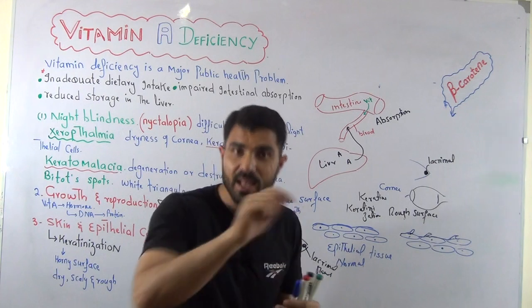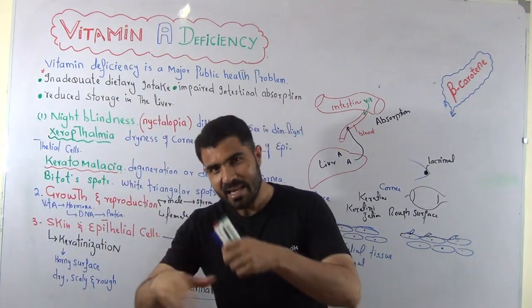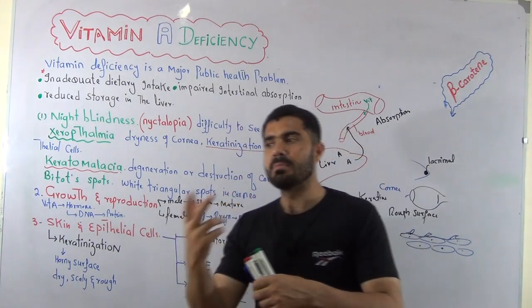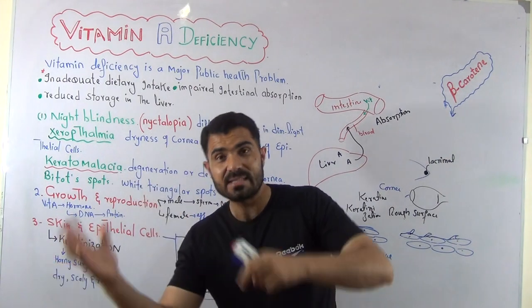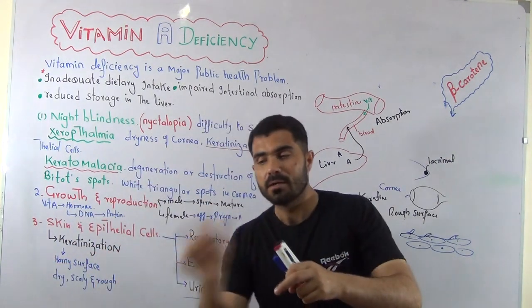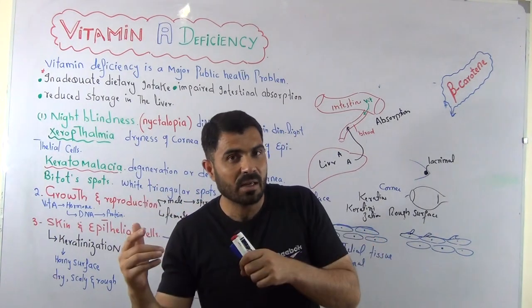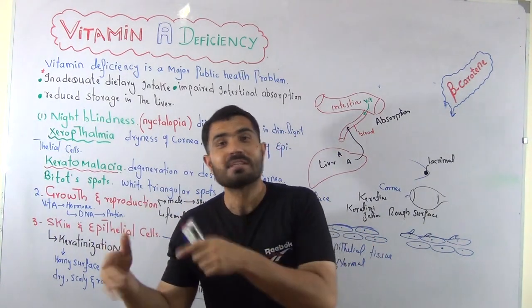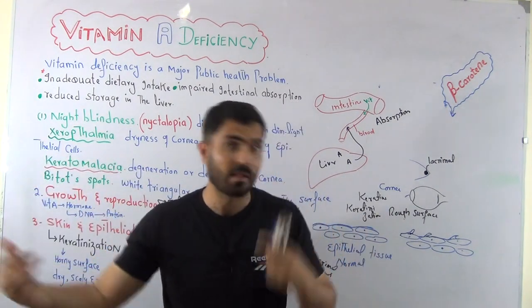This is for female. In case of male, the mice is placed in the lab, food is given to the mice, but the food does not contain vitamin A, so definitely the mice will suffer vitamin A deficiency, although the mice is not allowed to go here and there.